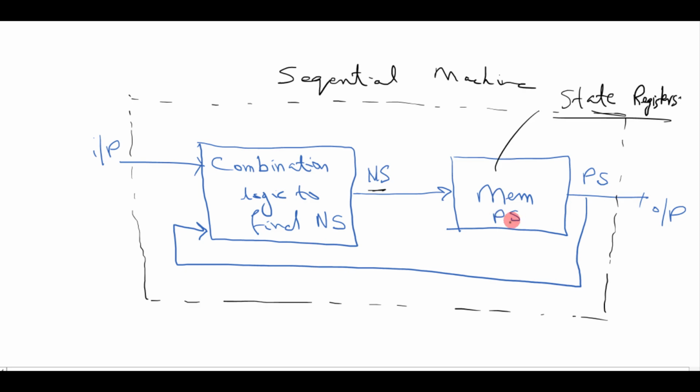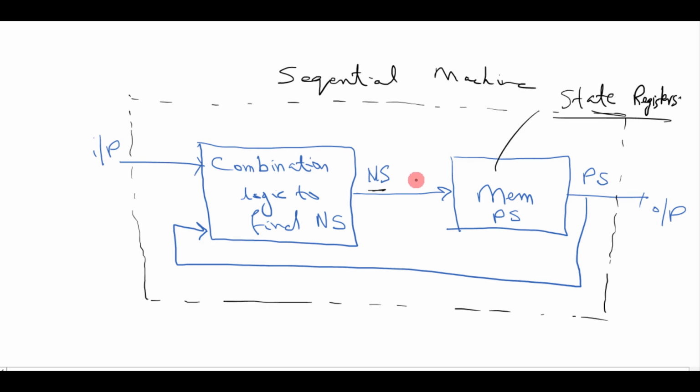Sequential machines are mainly of two types. In one type, you do not incorporate any clock. You do not apply any clock to the state registers. And if you do not synchronize your state transitions with a clock, the sequential machine can go into race conditions, or there could be some timing issues with it.